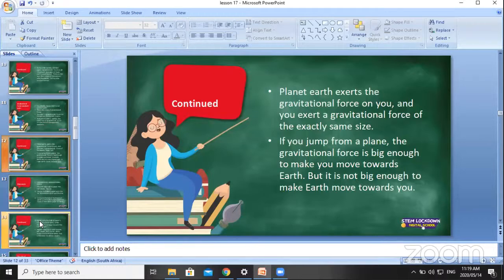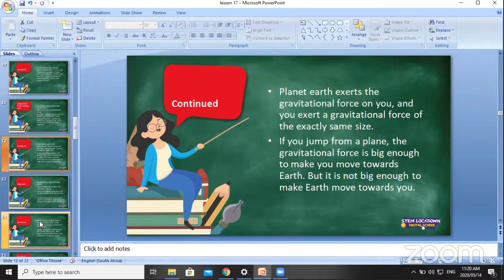So that's why when you're jumping, you come back immediately or almost immediately, because now when you move away from the ground, the Earth will have more force on you. You'll jump down from up to down. It's because now the amount of force when you're jumping off from Earth becomes more. But it is not big enough to make Earth move towards you.